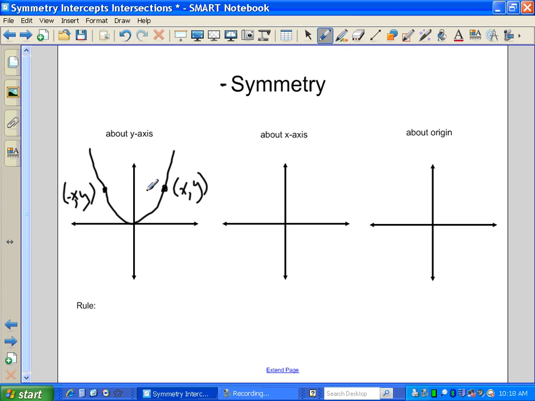So when I've got symmetry about the y-axis, if I have x, y on one side, negative x, y is going to be on the other side. Here's the rule, though. If I can take x comma y and change it into negative x comma y and get the same answer, then I have symmetry.